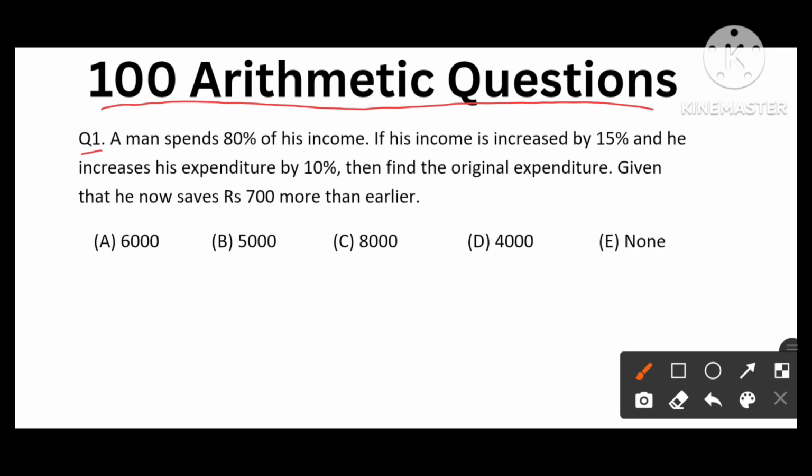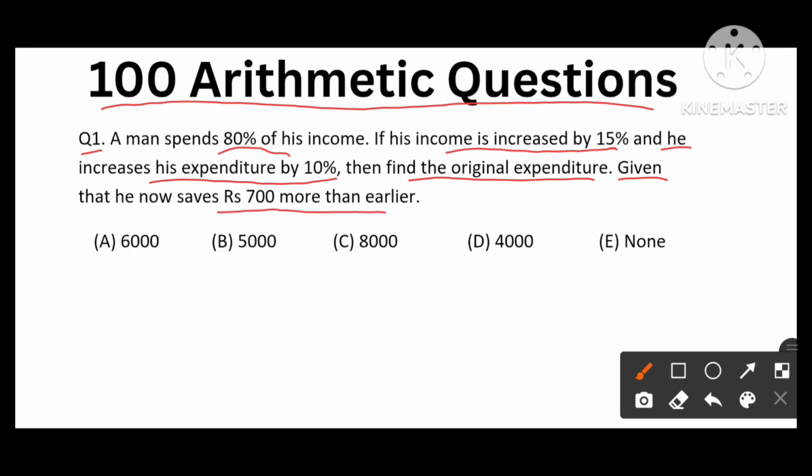A man spends 80% of his income. If his income is increased by 15% and he increases his expenditure by 10%, then find the original expenditure, given that he saves 700 more than earlier.